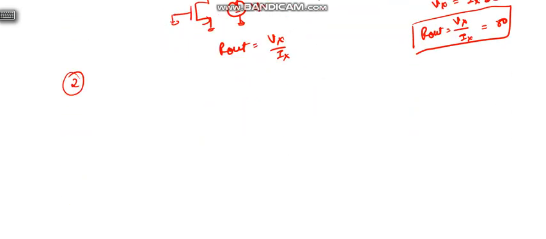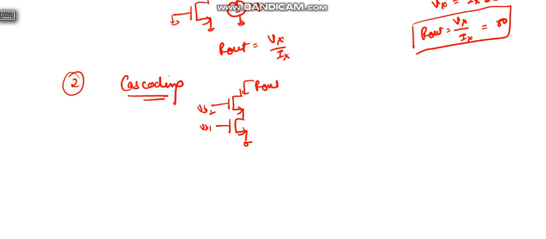Now let's go to the second circuit. Now we see cascoding. So now we have this kind of circuit. These are, say, VB1, this is VB2, and we need to find Rout.